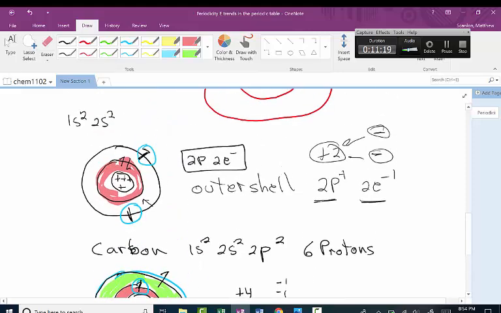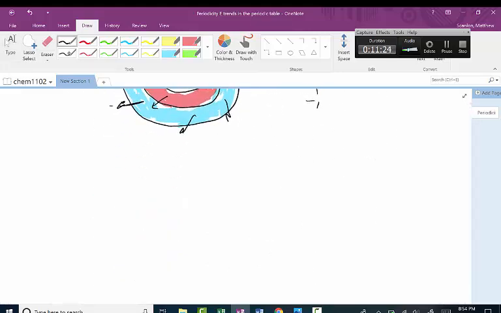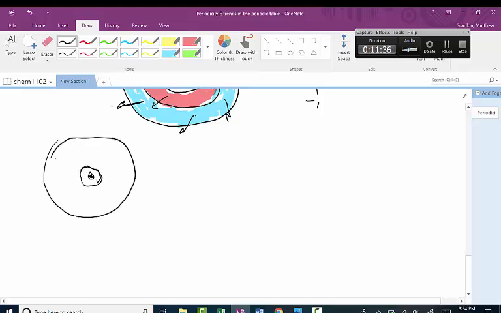And so what you see then, if I drew them correctly, and I'll do that now, we have a nucleus like this. Here's our first shell, and that's always the same here. And then here we go for lithium. We only have 1 electron.